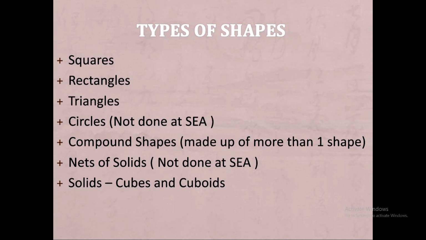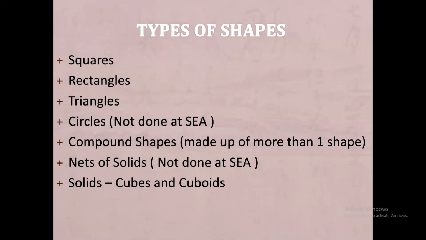Now, although I am saying perimeter, you should know that the word circumference is what is used for circles. When we are talking about perimeter or distance around a circle, it is really circumference, which really means perimeter. But we do not have to learn that for the examination, because the examination does not have circumference of circles in it.